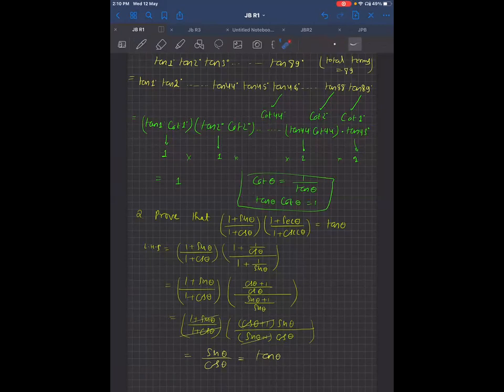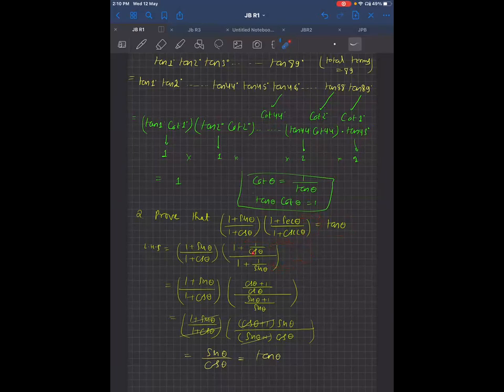See, (1 plus sin theta)/(1 plus cos theta) into this one, we need this value equal to tan theta. So I need to solve LHS. Here we have sec theta and cosec theta, so I'm writing both in terms of sin and cos for simplification. Sec theta can be written as 1 by cos theta, cosec theta as 1 by sin theta. Now don't say that you can't take LCM.